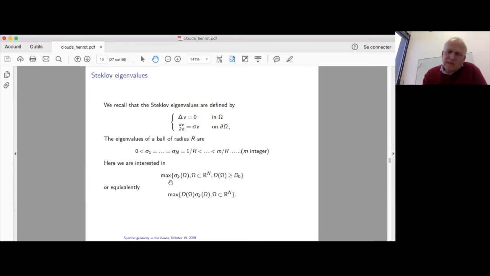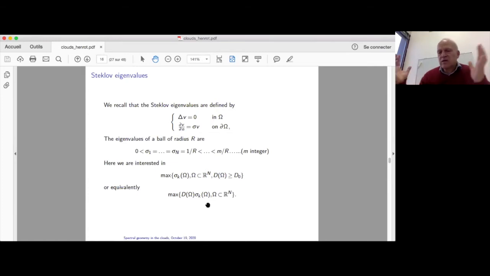So we are interested in the maximization problem. We want to maximize sigma k among domains in Rn with a diameter constraint. I can put either equality or inequality, and if I put an inequality, it is a reverse of the previous case. Obviously, if you want to get rid of the constraint, you can. What you have to do is to use the homogeneity of the eigenvalue.